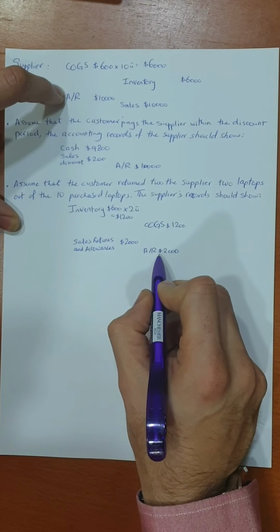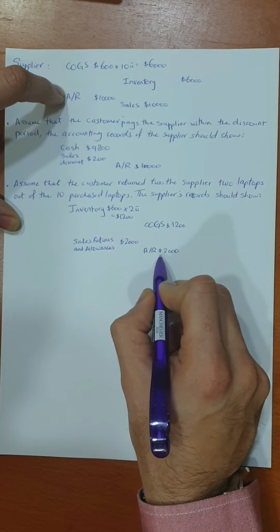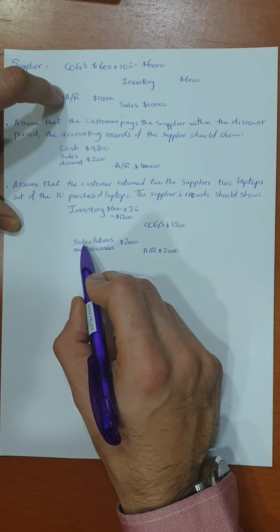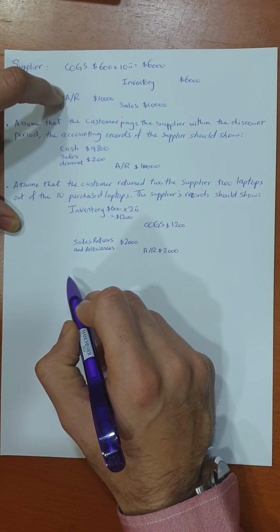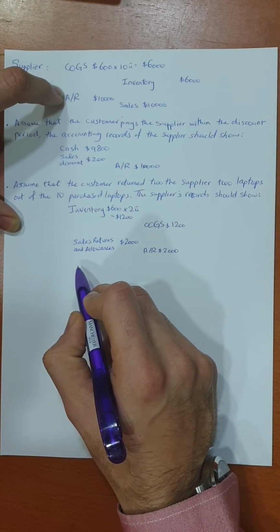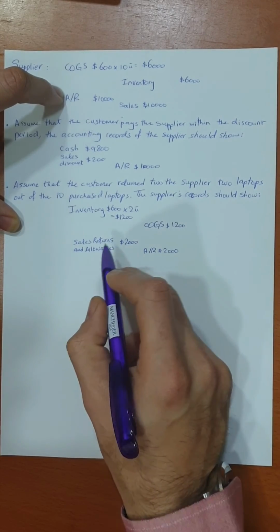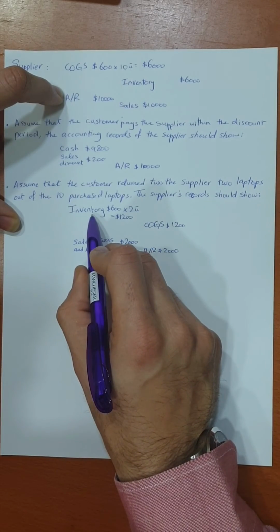So doing this, we simply said that we are not expecting these $2,000 from the customer anymore, because this customer returned some of the goods that they purchased, so our sales returns increased, which means that our sales decreased.